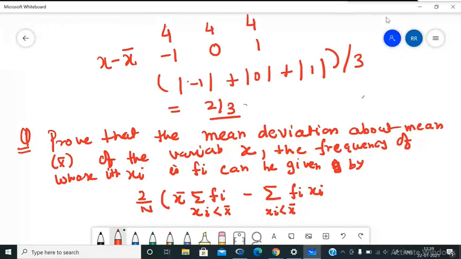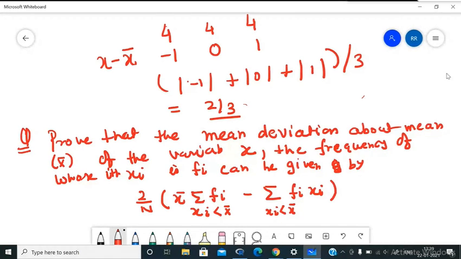Okay, so you have to do this. In both cases there is xi less than x bar. Okay, so you have to derive this.